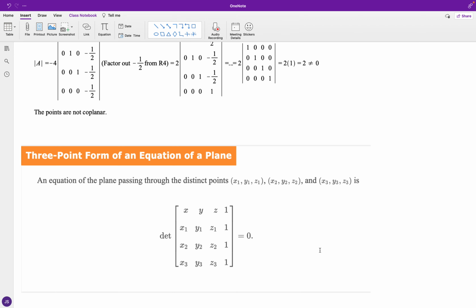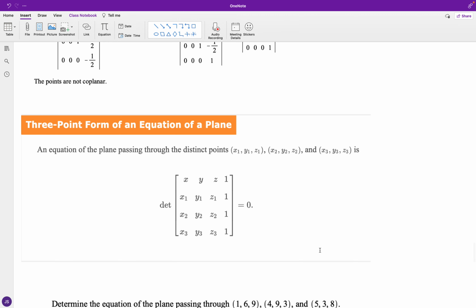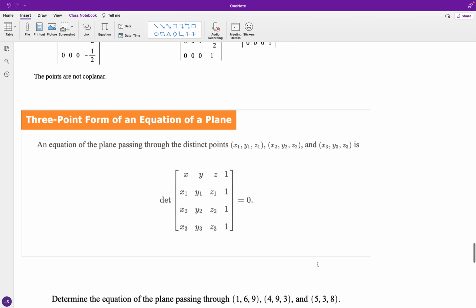So we'll be looking at the necessary coefficients for the x, y, and z terms to be equal to 0. For this array, at the heading we have x, y, z, and 1. For the following rows, you have the first, second, and third sets of x, y, and z values, and each set is followed by the number 1.